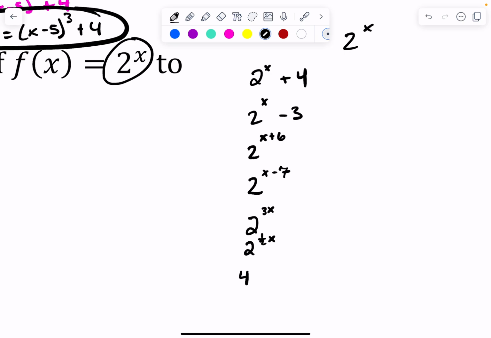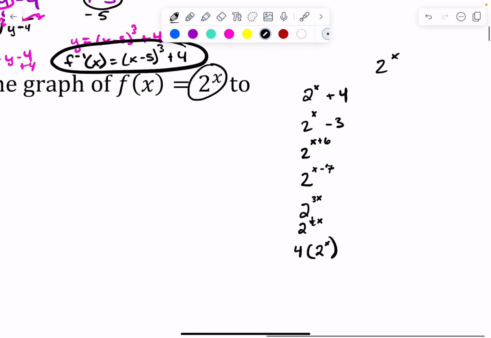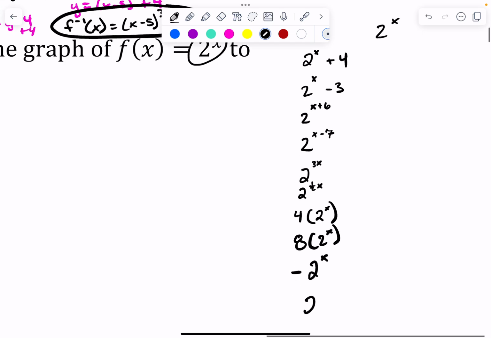Let's go 4 times 2 to the x. I'll pause so that you can write all this stuff down. 8 times 2 to the x, and then negative 2 to the x, and 2 to the negative x. Okay, that was a lot of things.